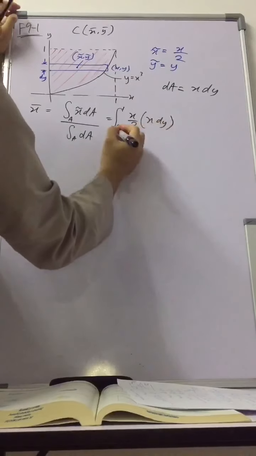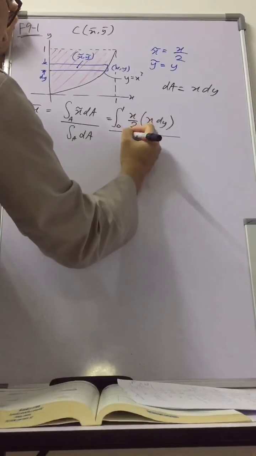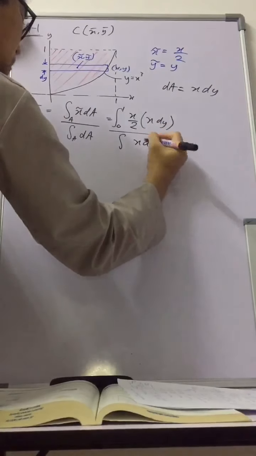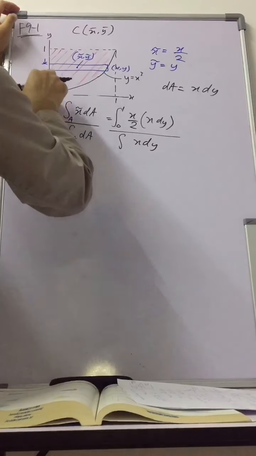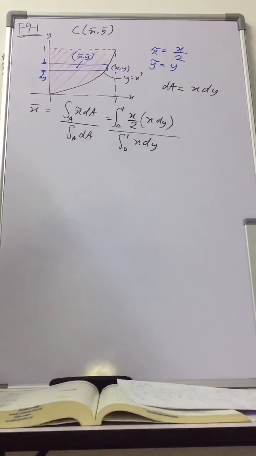Because this is dy, the integration over the area has dA as x dy, and the boundaries are 0 to 1. How to do this integration?